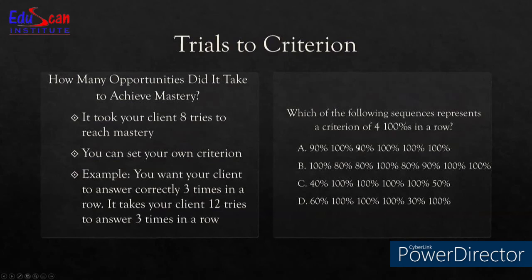D. 60%, 100%, 100%, 100%, 30%, 100%. So in this we have 3 consecutive 100%, but we do not have 4 consecutive 100%. So when we talk about a criterion which we set, that needs to be observed. So in this question, C is the right answer.